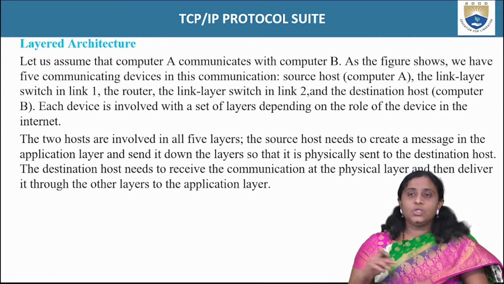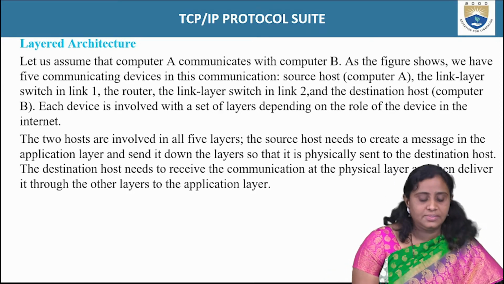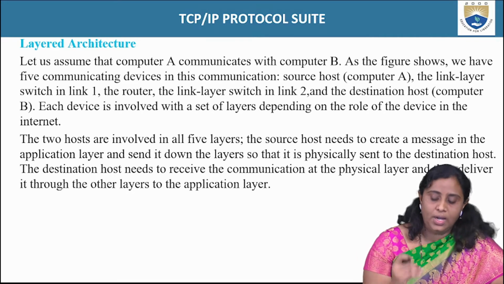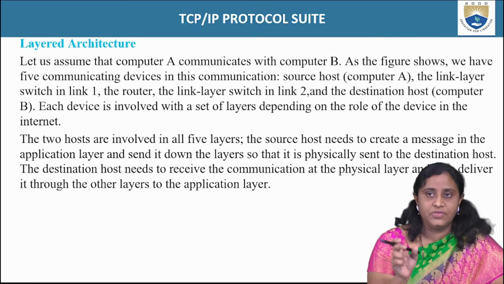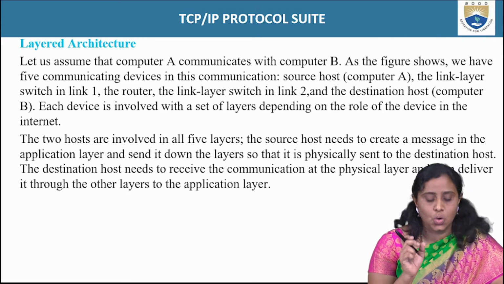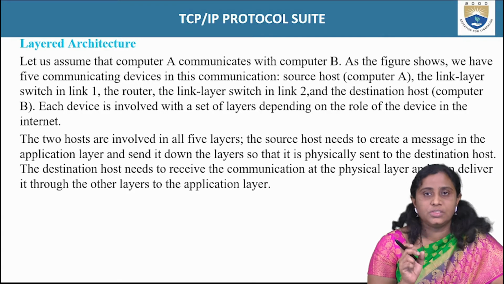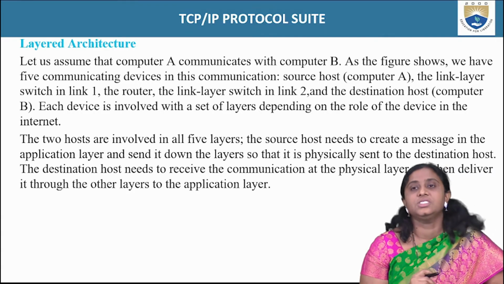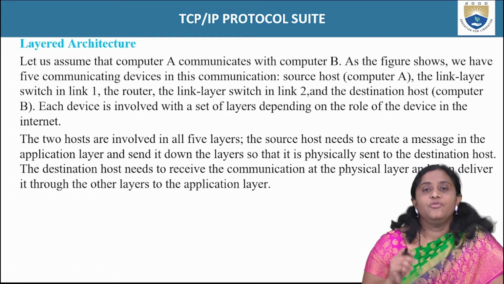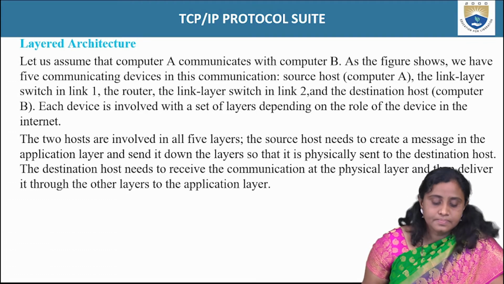The source host needs to create a message in the application layer and send it to the layers below, so that it is physically sent to the destination host. The destination host finally needs to receive the communication at the physical layer and then deliver it through the other layers up to the application layer.